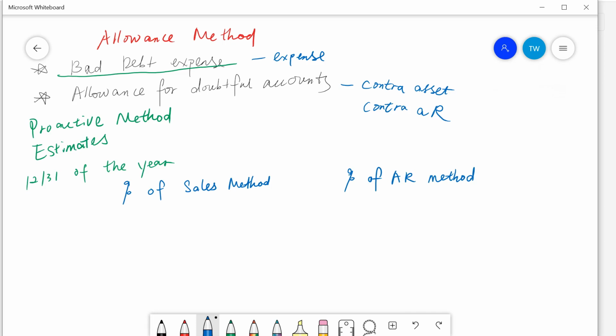The percent of sales method is considered an income statement approach, and percent of accounts receivable method is a balance sheet approach.